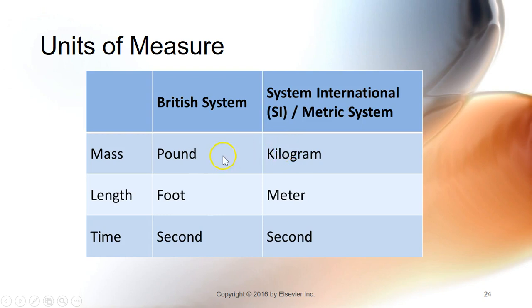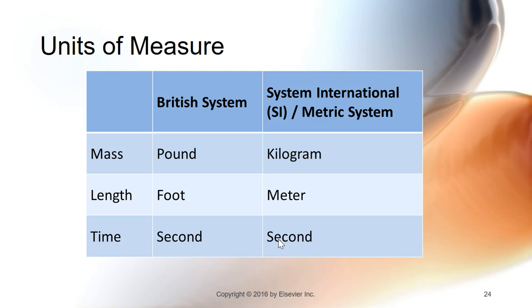I just want you to understand that when we talk about kilograms, it's the counterpart of the pound. Length, we think about a foot. Well, in the SI system, it's a meter. And with time, the only thing that stays constant is the second. So time itself does not change from the regular system to SI units. Yay, one thing we don't have to worry about.